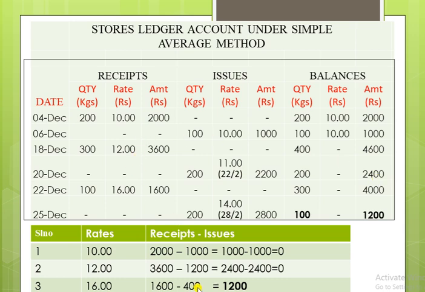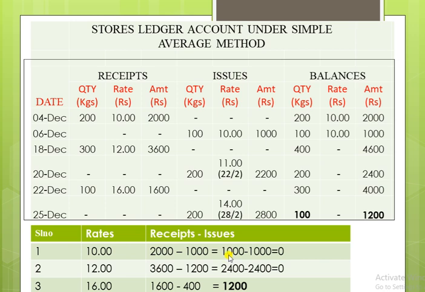So next I'll move on to this clarification, we can call it verification. So here 1000 I have already issued on the date of 6th December, and again on 20th December I have issued 200 units, at the cost of 2200. So at the 10 rupees rate, 1000 is still remaining.